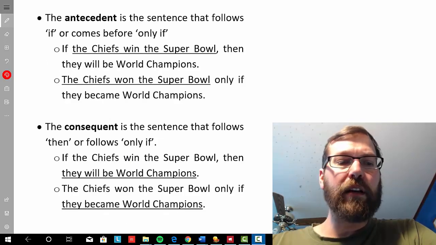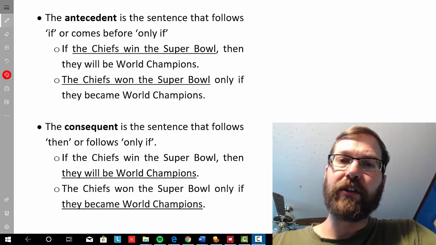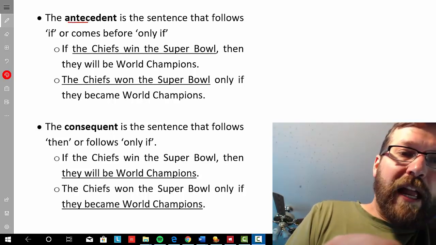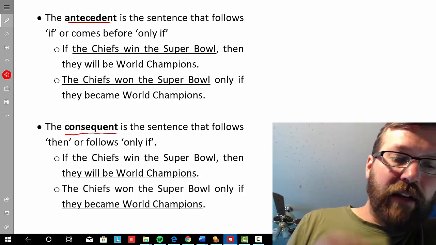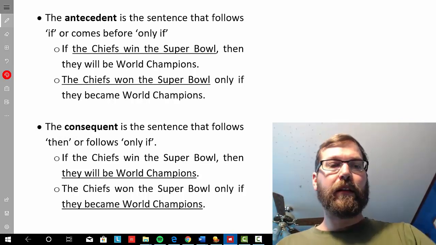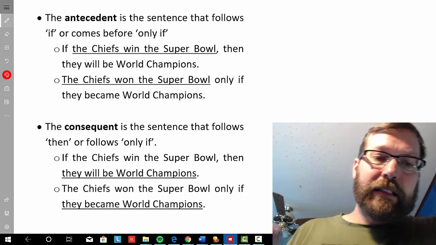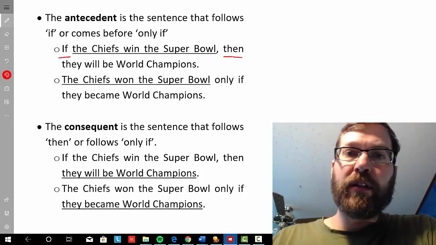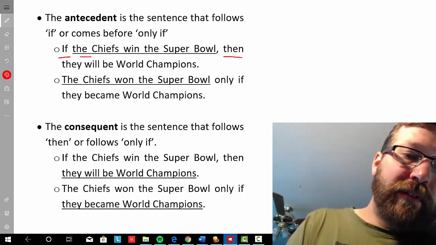Alright, so here we're taking a look at some of the jargon that is associated with material conditionals. A material conditional will have an antecedent and it will have a consequent. The antecedent, if we are dealing with the if-then locution, is what comes after the if.